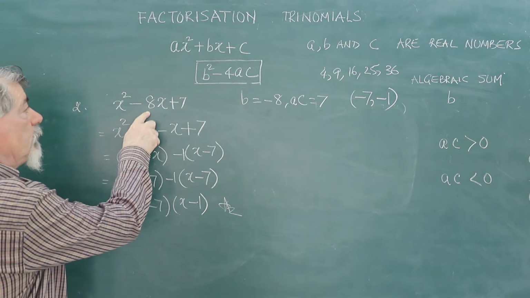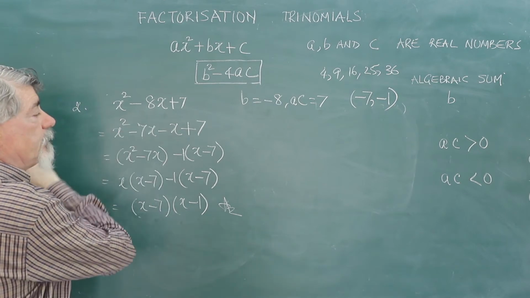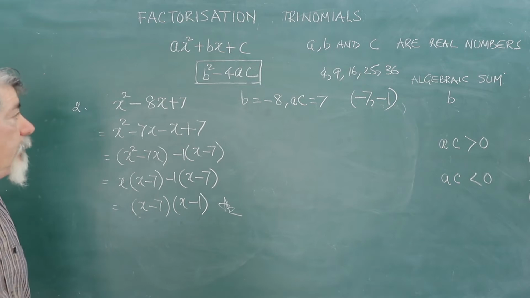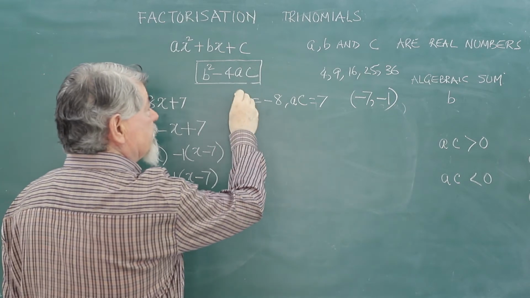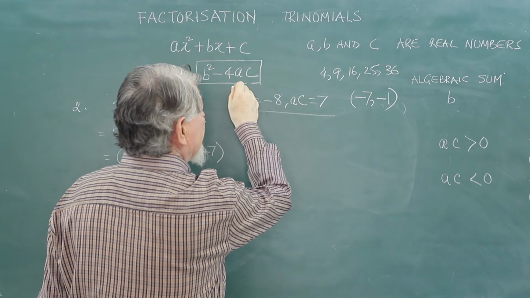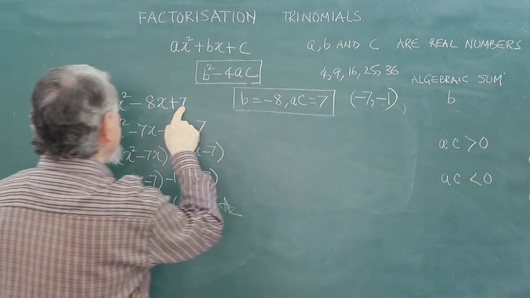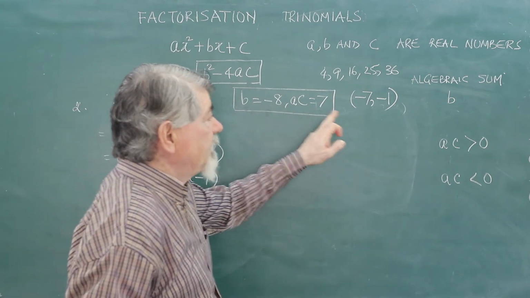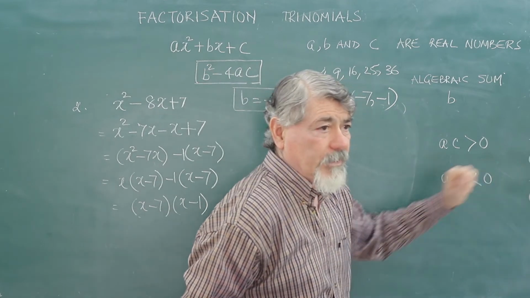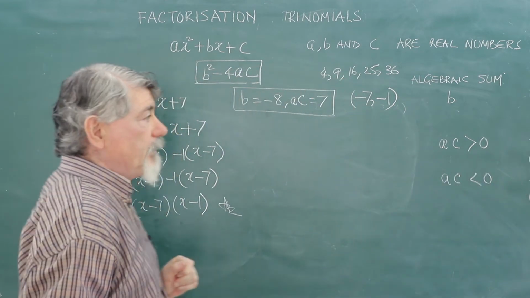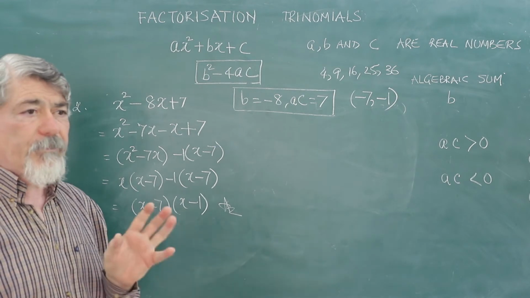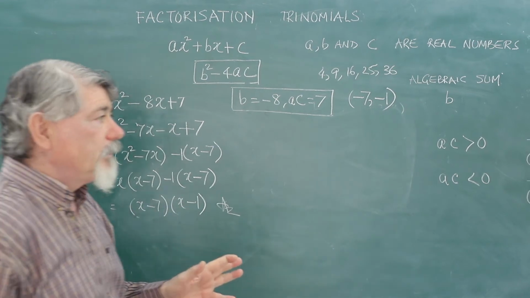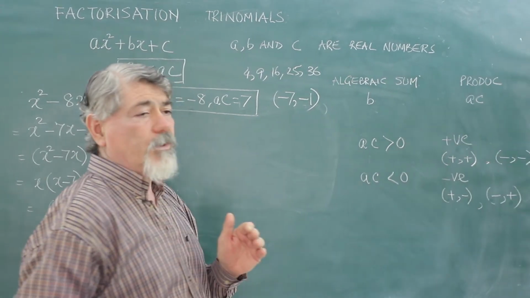As I told you, you have to split the b. b is the coefficient of x, which is minus 8. And what is AC? AC is 7. We told you if AC is greater than 0, if AC is positive, then both the split terms should be either plus plus or minus minus.